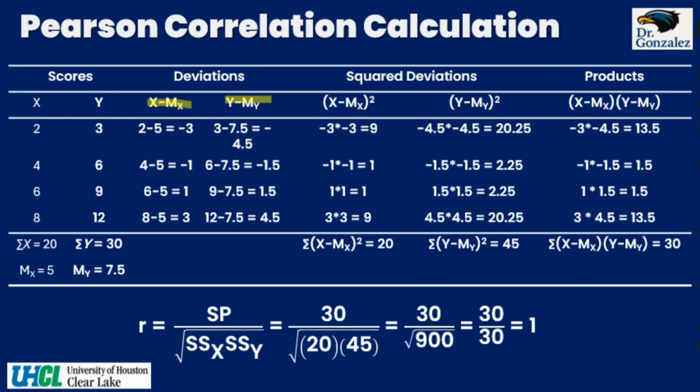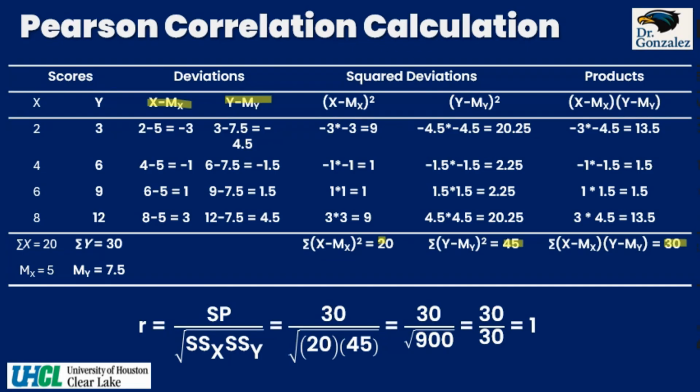Then I've got my products over here. And remember, I told you the sum is the big deal. So here's where they've calculated my squared deviations for x. I got 20. Over here, I've got my 45 for y. And then remember, we're going to multiply those together, products here, and I get my 30.